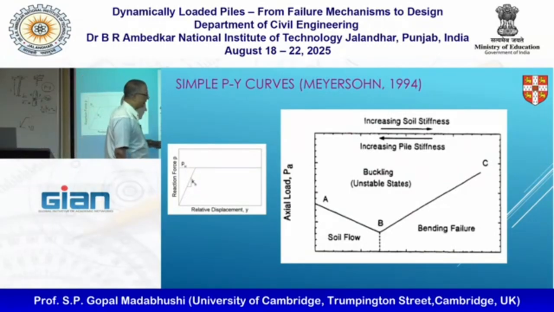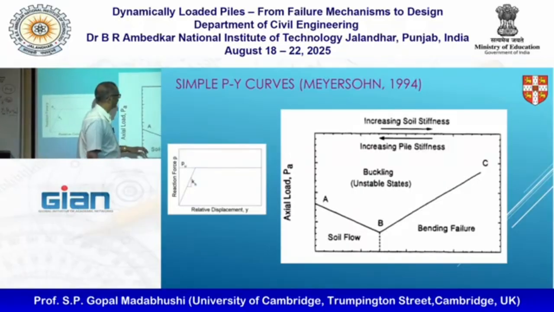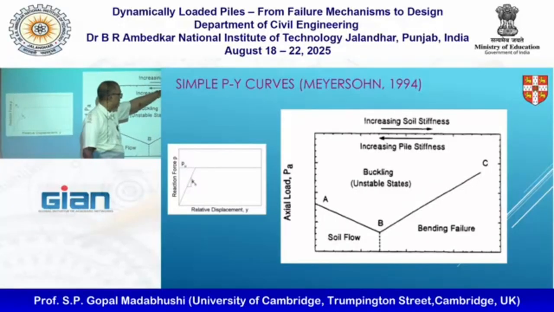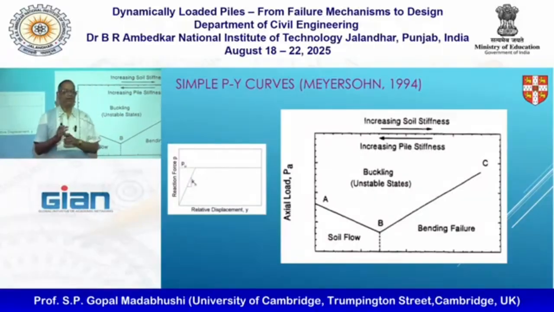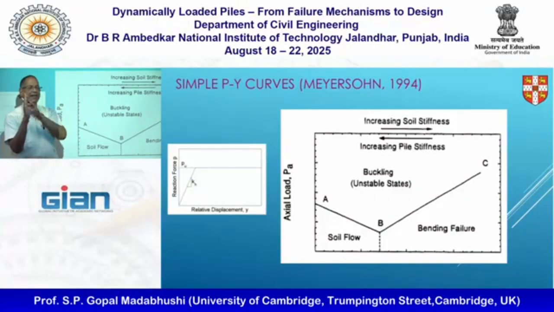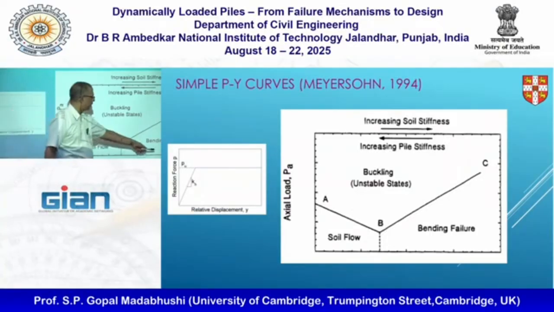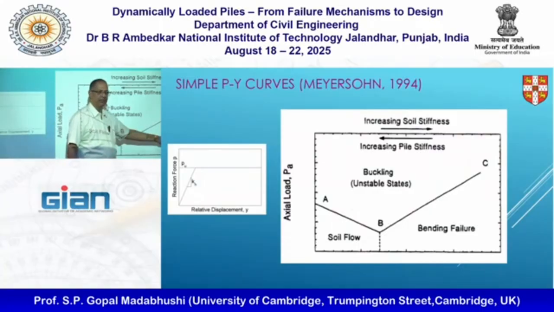When the axial load is relatively small, if my soil stiffness is big and pile stiffness is small, what will happen? The soil is stiffer, the pile is like a thin guy, he'll get bent. So here I will encounter bending failure.